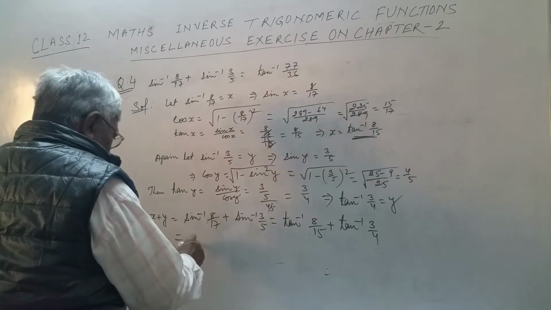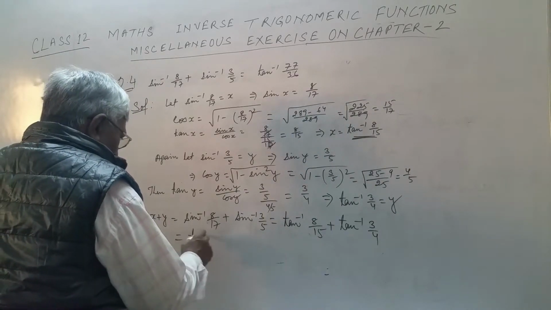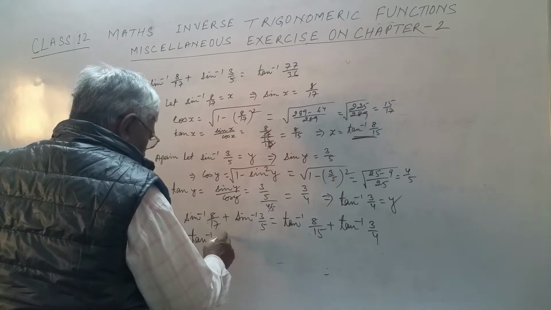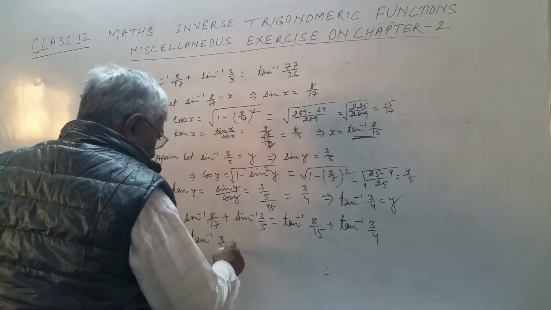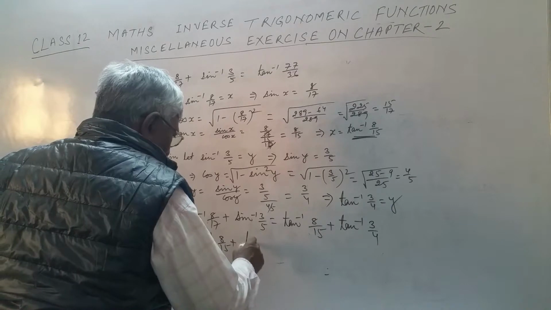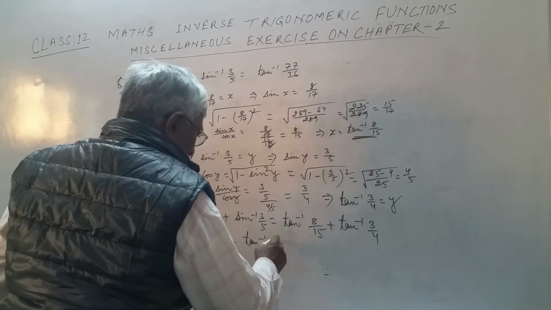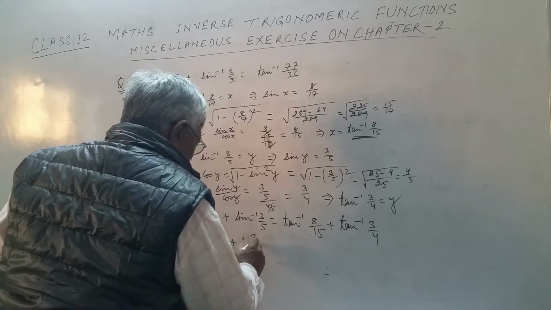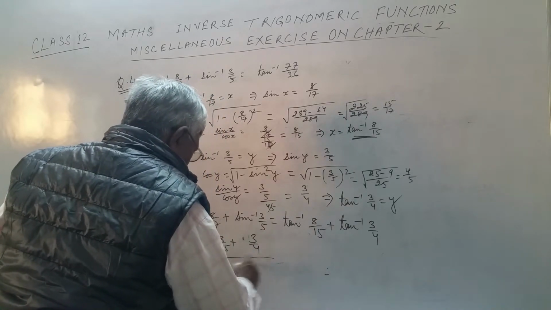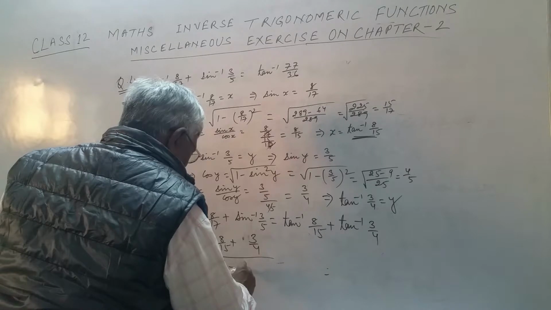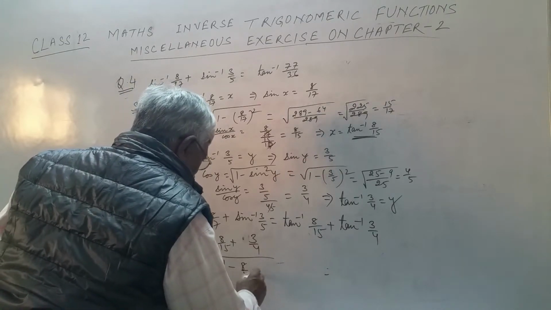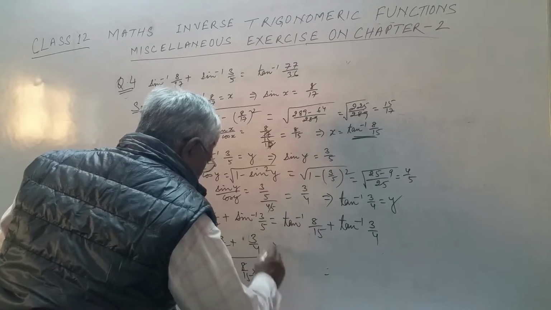What is that formula? That is tan inverse 8 upon 15 plus tan inverse 3 upon 4, that is tan inverse of 8 upon 15 plus 3 upon 4 upon 1 minus 8 upon 15 into 3 upon 4.